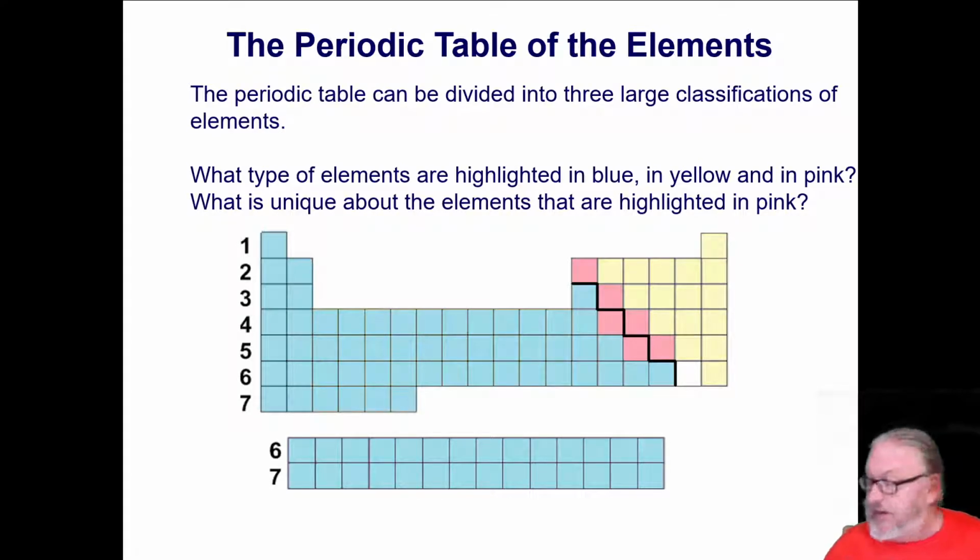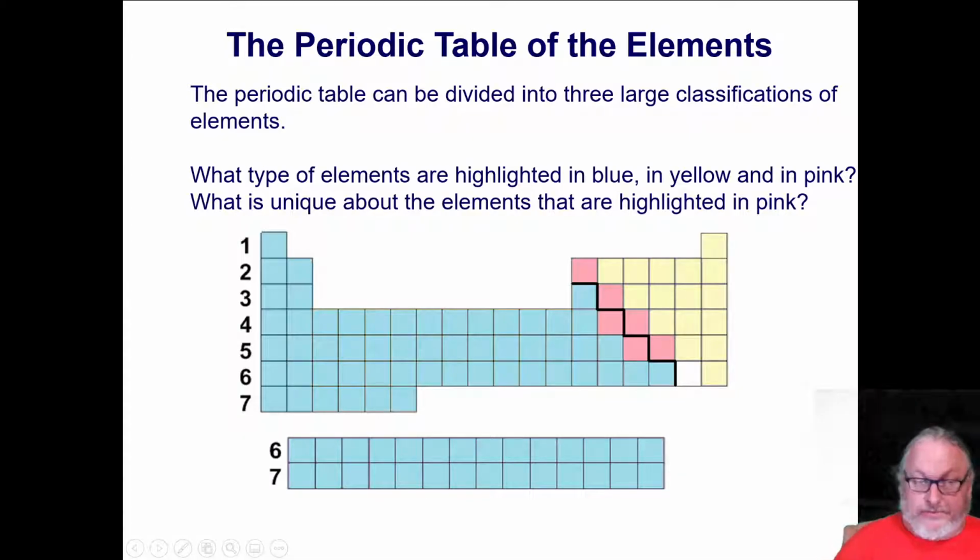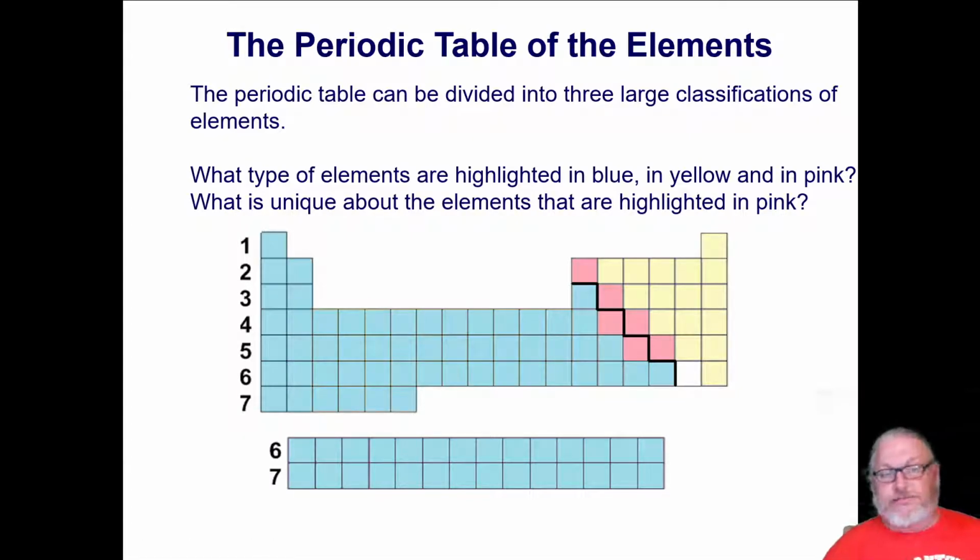So, our periodic table is divided into three large classifications of elements. Our first one, the elements in blue, what are they? And the ones in pink, and how about the ones in yellow? If you recall, the ones that are blue are metals. They give up electrons.